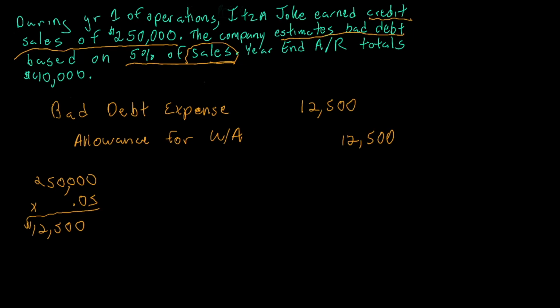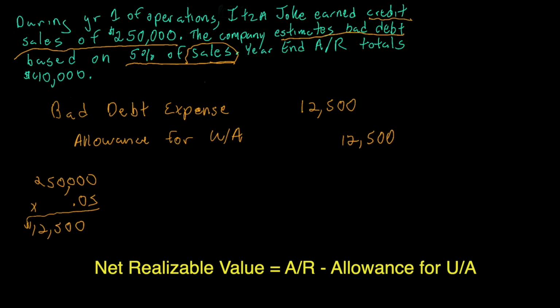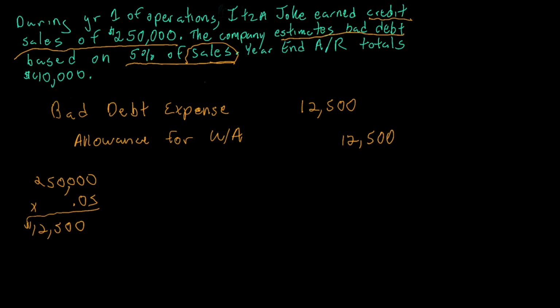The next instruction was to show how the balance sheet will report accounts receivable. We know, gang, whenever we're practicing the allowance method, we are going to report accounts receivable at its net realizable value. Simply meaning we're going to deduct the contra account allowance for uncollectible accounts from our accounts receivable balance. Remember, the allowance for uncollectible accounts is based on the estimate of the amount that we should not collect.